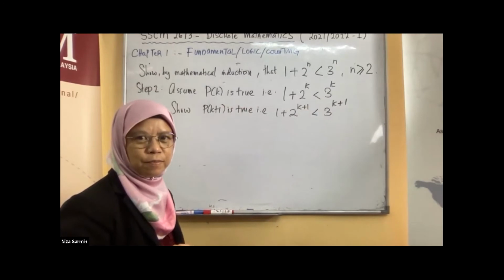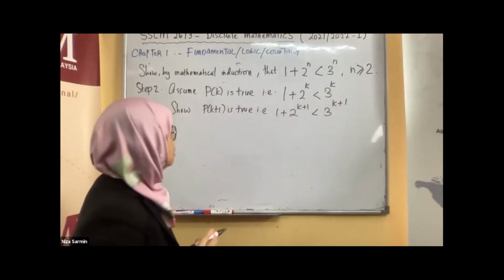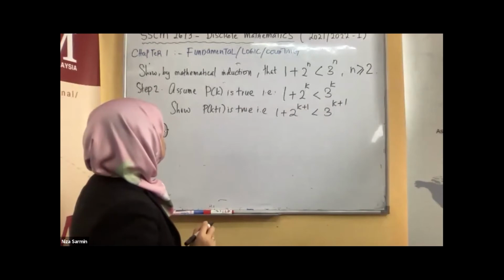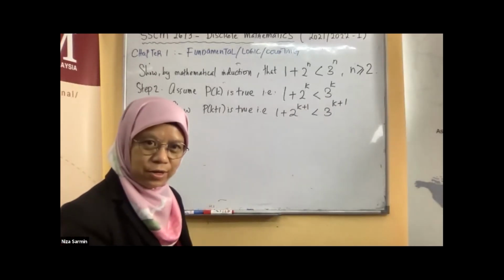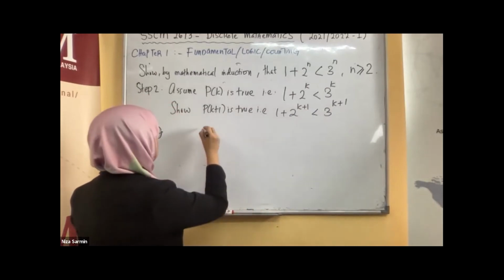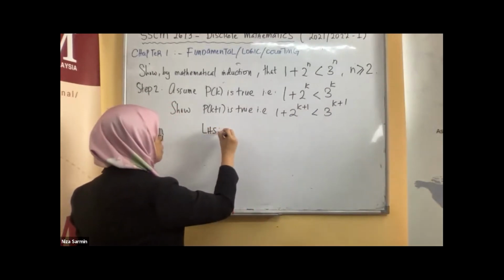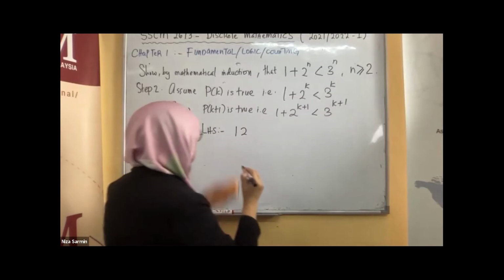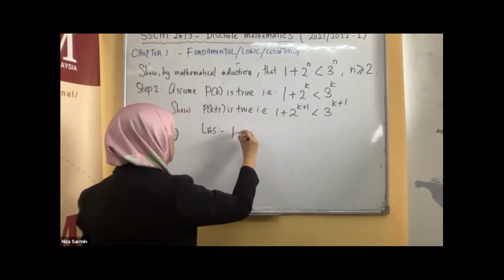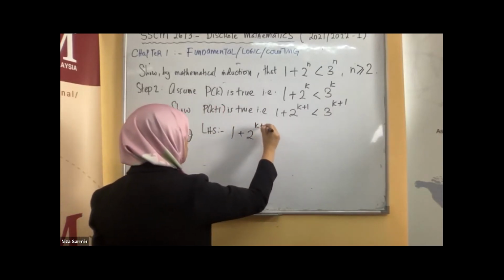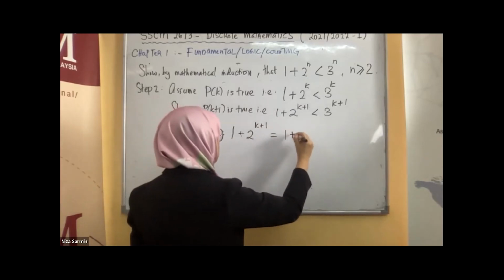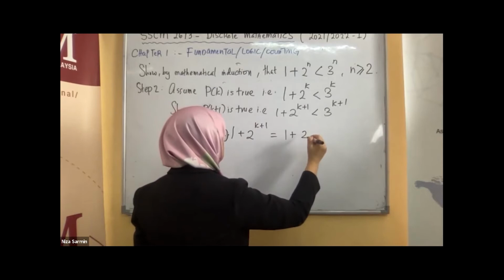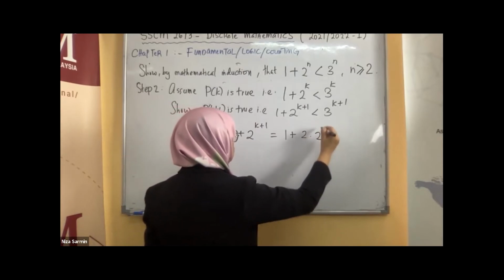Okay, so to show that this is true, you take the left-hand side, 1 plus 2 to the k plus 1 equals 1 plus 2 times 2 to the k.